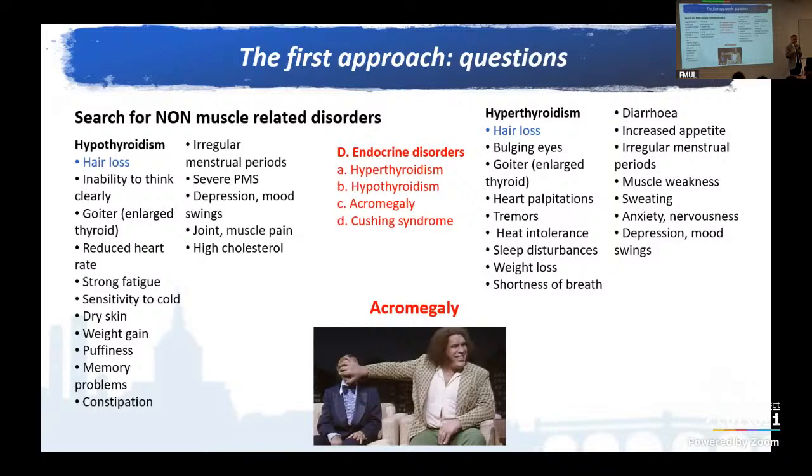So take care of all these symptoms, because in the majority of cases an increase of CPK is related to hyperthyroidism or hypothyroidism. This is the most frequent cause of disease that you should think of when you have a man or a girl with a CPK increase, in terms of epidemiology, really.